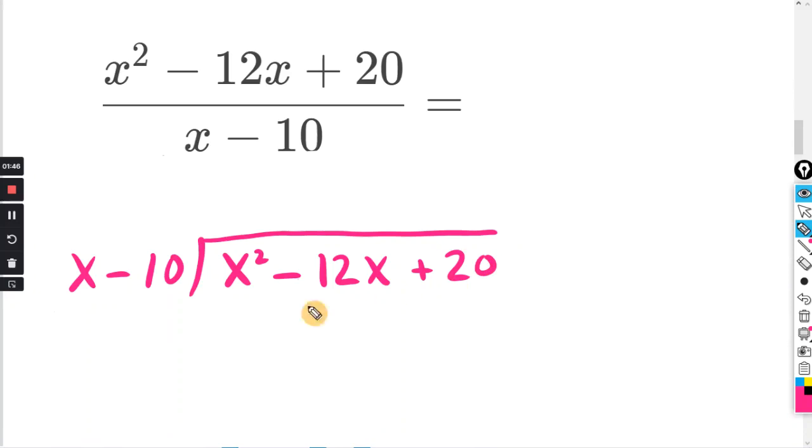Okay, and we're going to say what times x will give us x squared? Well, that's just x. Okay, and that x has to be distributed to both terms here. X times x is x squared, and x times negative 10 is negative 10x.